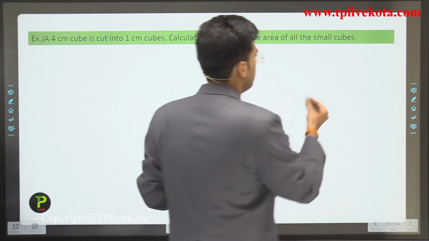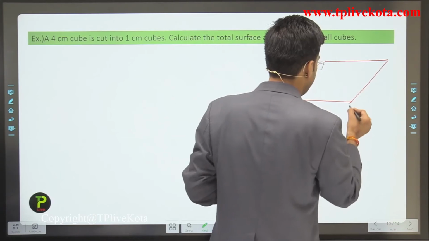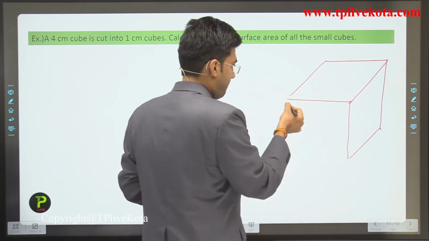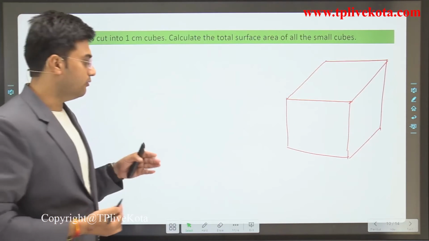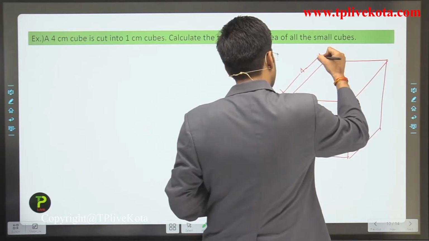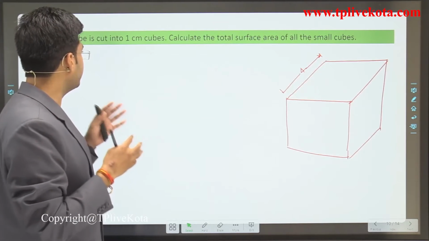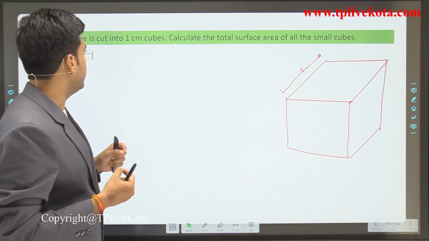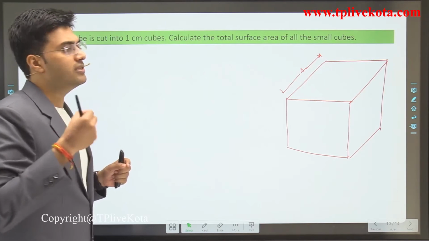We have a large cube of dimension 4 centimeter. The length of the edge is 4 centimeter, and we divide, or we can say that we cut this cube into cubes of 1 centimeter. Calculate the total surface area of all the small cubes.